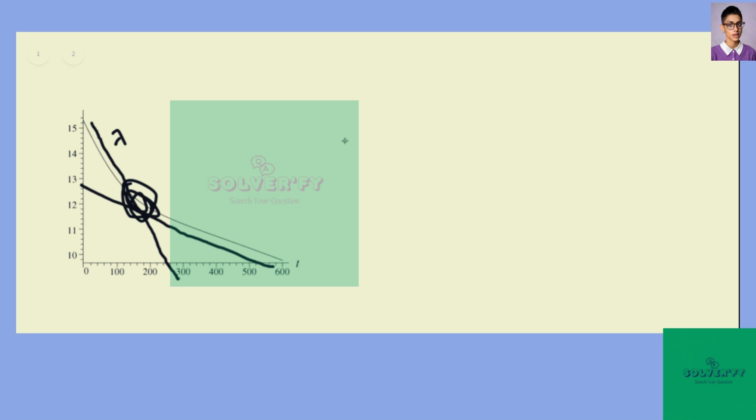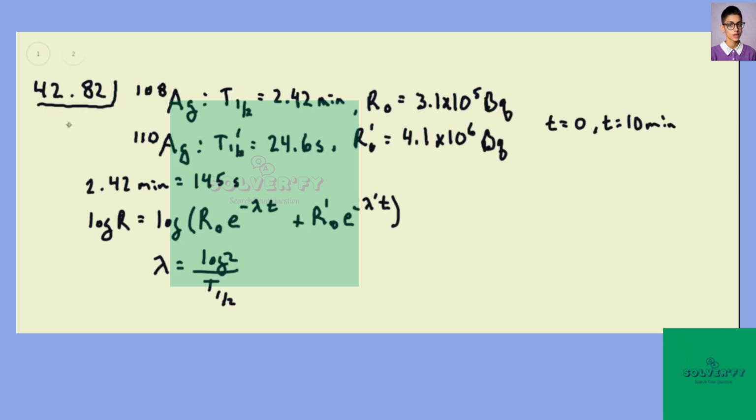And so we've seen before that if you have a semi-log plot of just one exponential function, it's a straight line. So here the initial slope is when the heavier isotope is dominating the decay, so its rate is a lot faster, and its initial activity is higher.